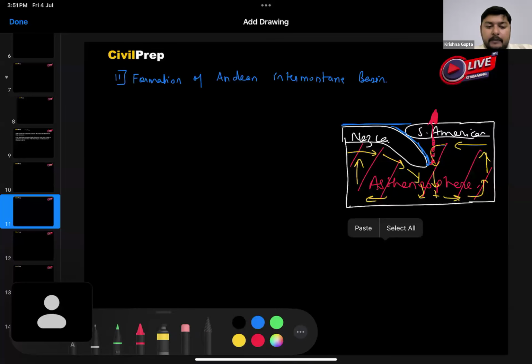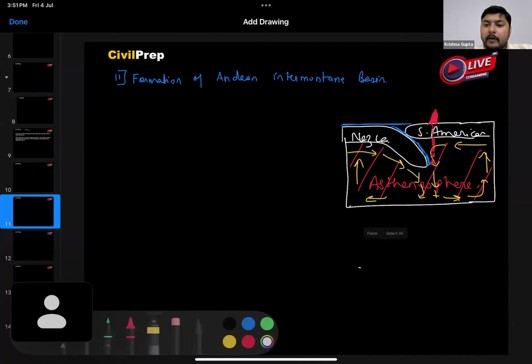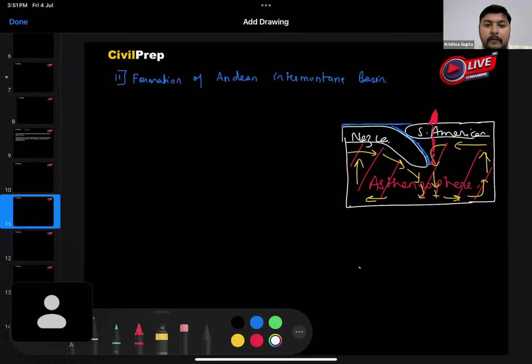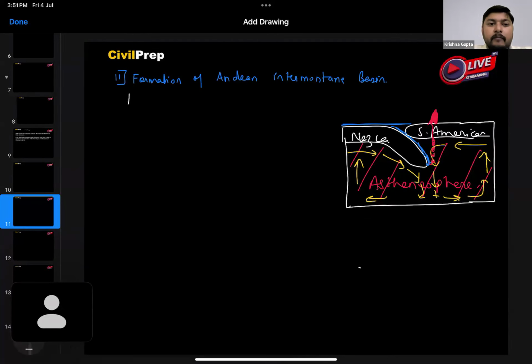We need it a bit bigger here. Now, what is happening here will be seen as the subduction of the plate. As number one, the Western Cordillera has formed now.